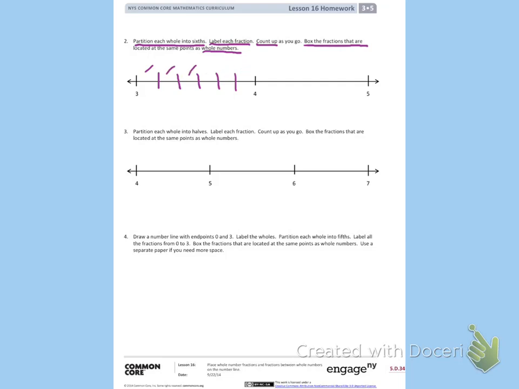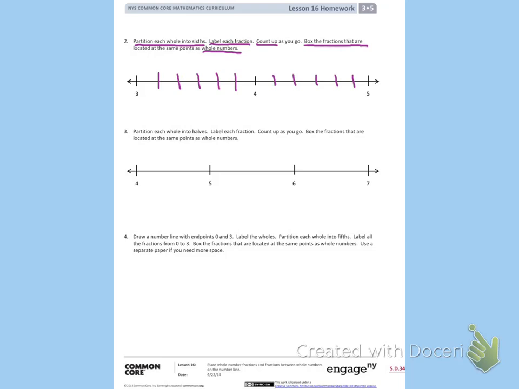Yes, I did. I'll erase my check marks. I think I'll try that again. Let me count those. 1, 2, 3, 4, 5, 6. There are 6 equal sections.